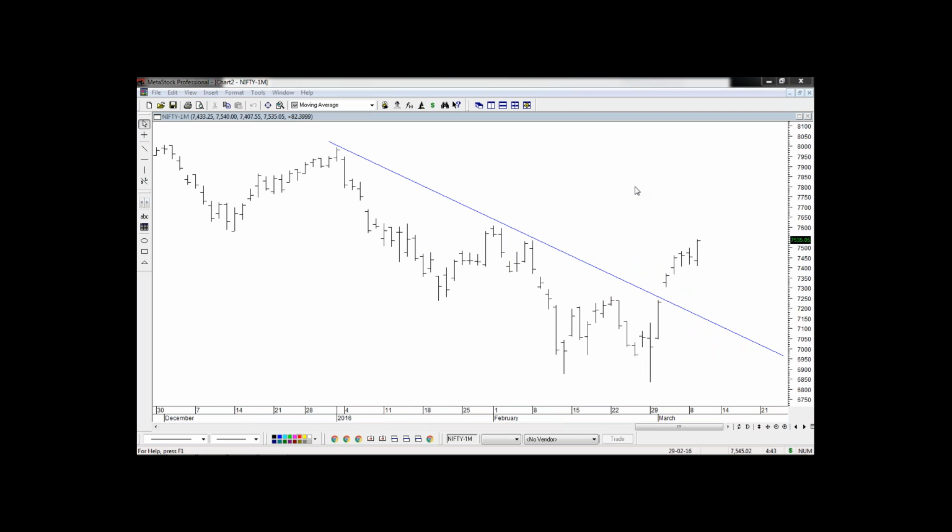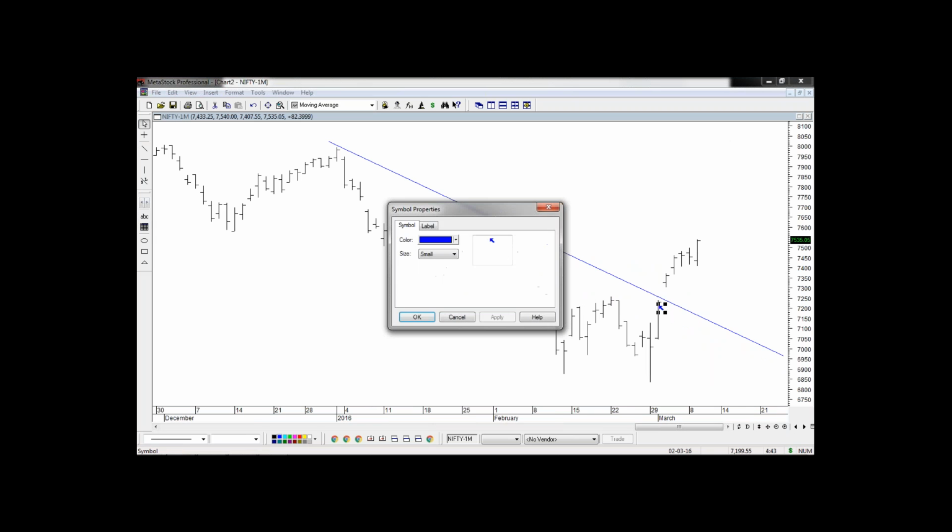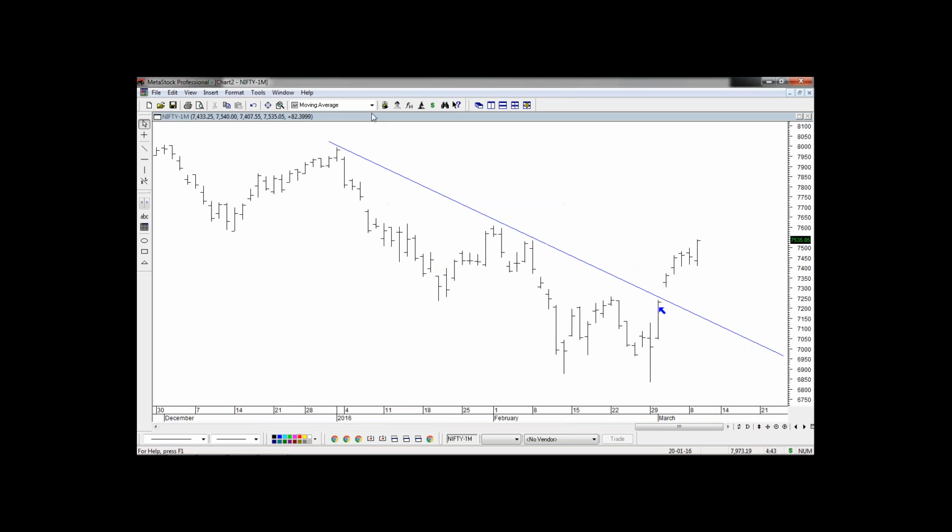That resistance trend line broke somewhere at this particular level wherein I have seen a breakout of the stock, and I had given a buy signal. So this is how a trend line is being used. Plain, simple and easy.